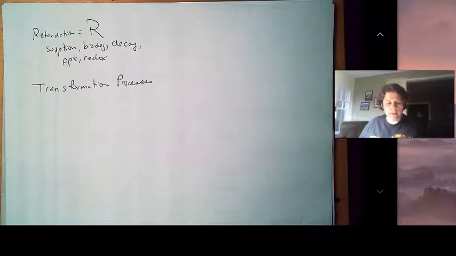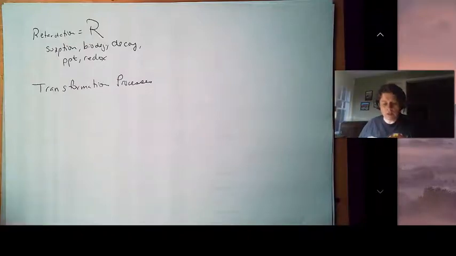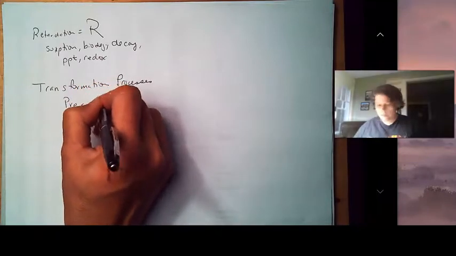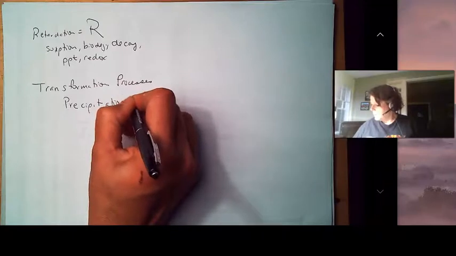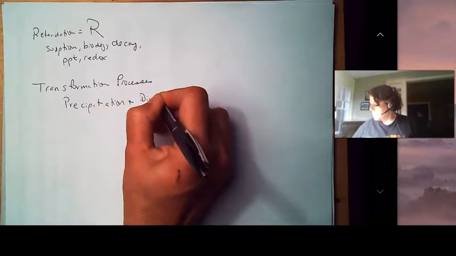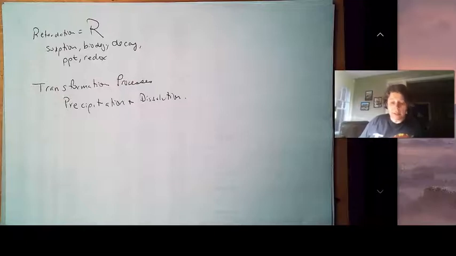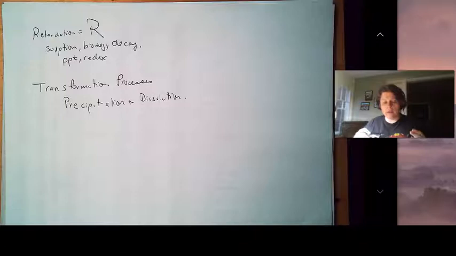Some of these things are precipitation and dissolution. Contaminated groundwater is often not in equilibrium with the minerals of the soil.